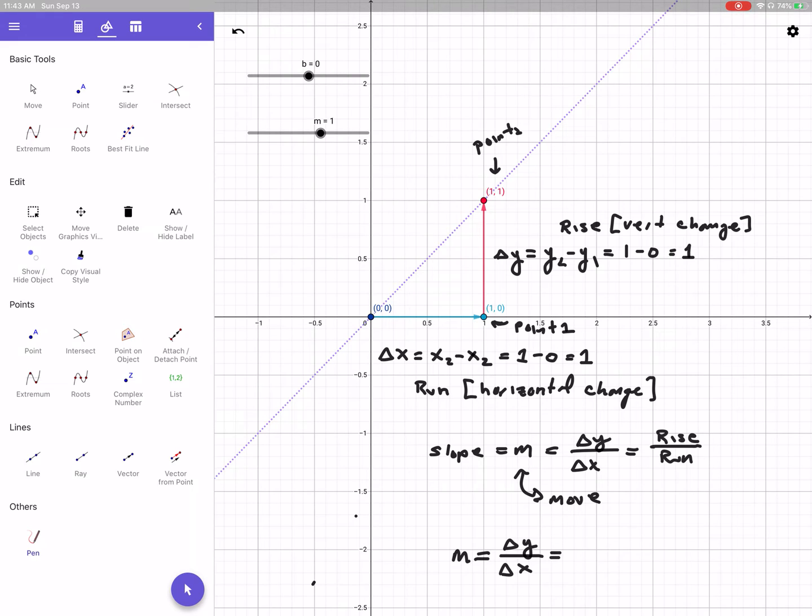And since we already did the calculations above, we know it's 1 over 1, which means that I'm moving 1 unit in the positive direction on the y, and 1 positive direction on the x. So horizontal and vertical. That means the slope is 1, and we can simply write slope is 1.